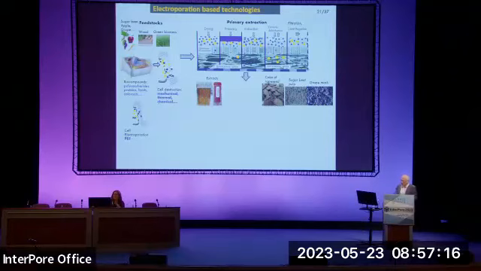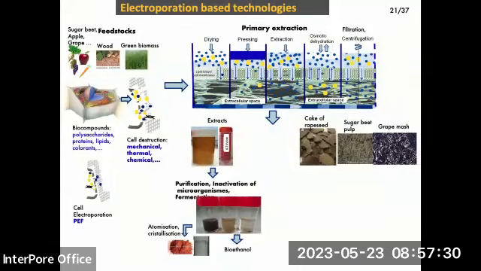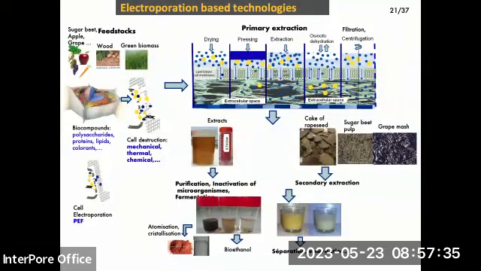Then we obtain the extracts and partly exhausted biomass, like, for example, cakes of rapeseed, sugar beet pulp, grape mash, etc. Extracts can be purified to obtain the final products, for example, the sugar, the powders, and we can also perform the secondary extraction of byproducts to obtain, for example, the protein solutions, and the exhausted second-time biomass can also be used in biorefinery to be transformed to obtain the bioethanol.